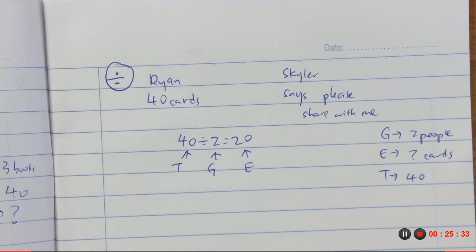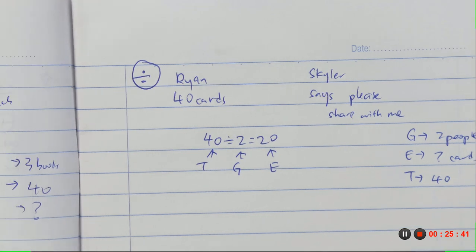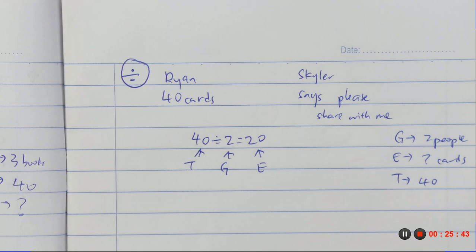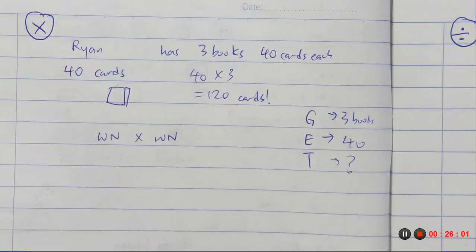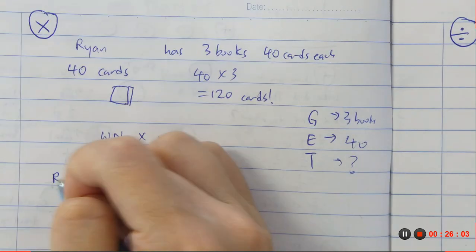Okay, I move back to the multiplication side. Same story. Ryan has 40 cards.